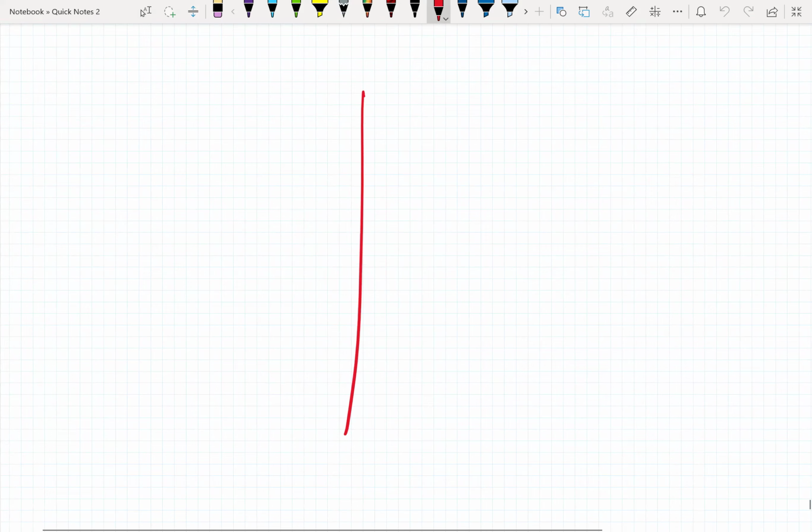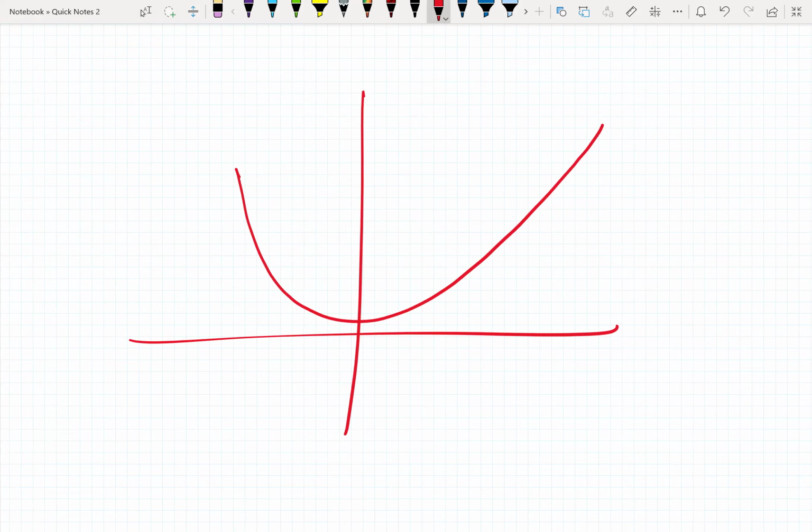Imagine you have a plot like that, and then you have this point right here. Let's project it to the line here. This point can be approached from the positive side, or it can be approached from the negative side.